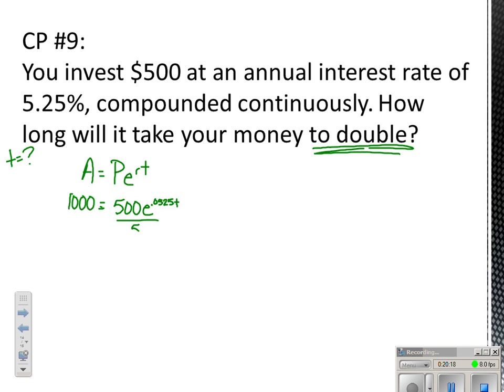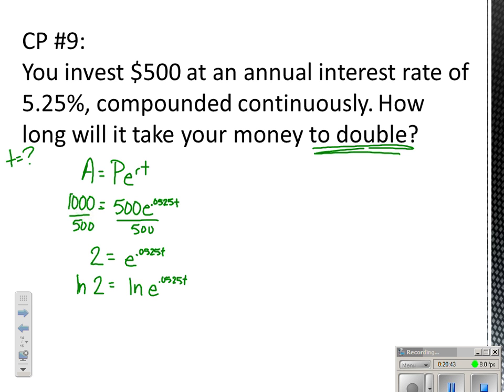So we start to solve. I got rid of the 500 first. So 2 is equal to e to the 0.0525t power. Then I did that natural log thing again. ln of 2 should equal ln of e to the 0.0525t.